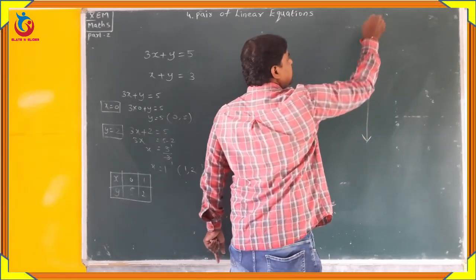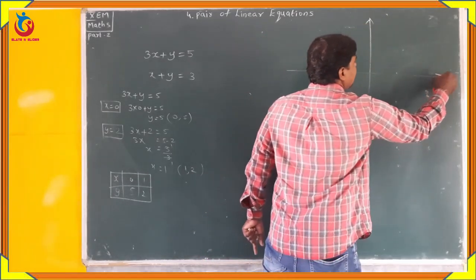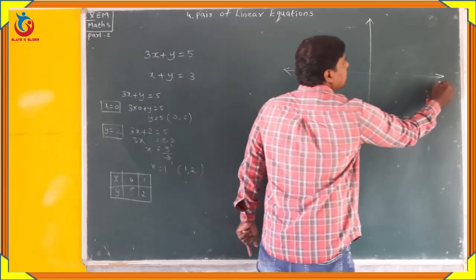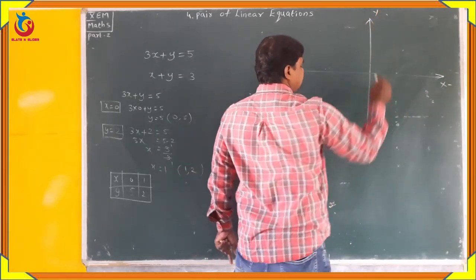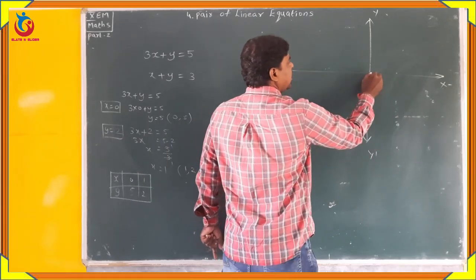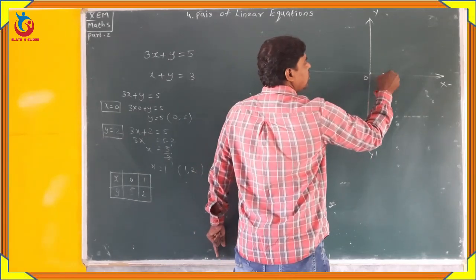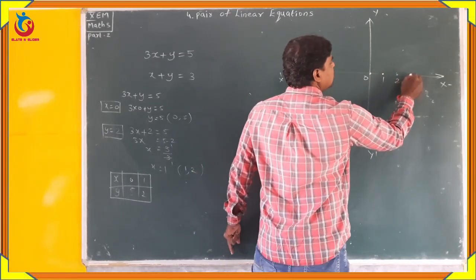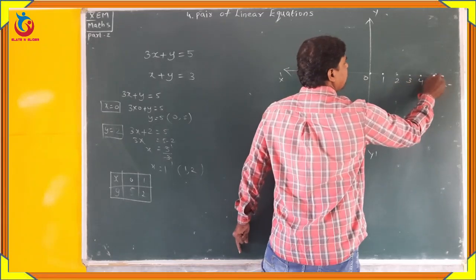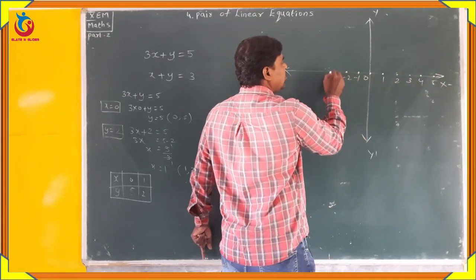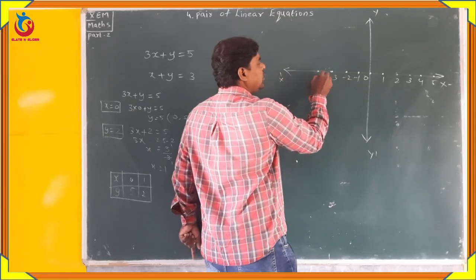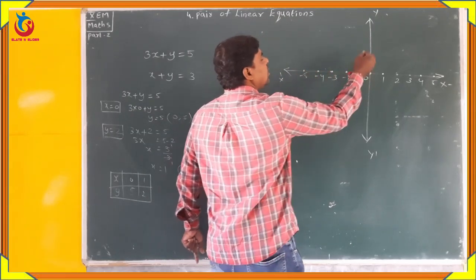This is the y axis, and this is the x axis, and this is x dash, y and y dash. Here we write the points 0, this is the positive side, 1, 2, 3, 4, 5, and on the other side minus 1, minus 2, minus 3, minus 4, minus 5.